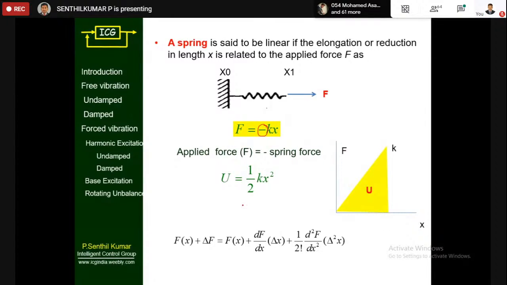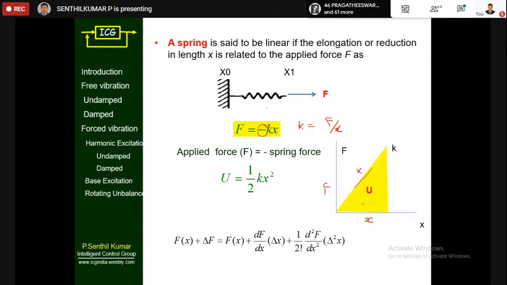How do you find the force acting on a spring? F equals k into x. Here k is the slope, x is displacement, F is force. What is k? F by x. What is U? U means the area of the triangle, the total potential energy stored in the spring. The spring always stores potential energy.